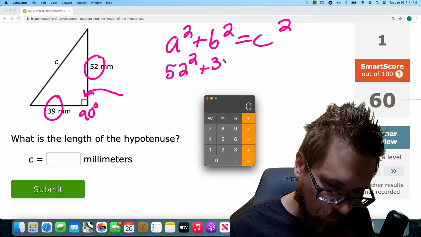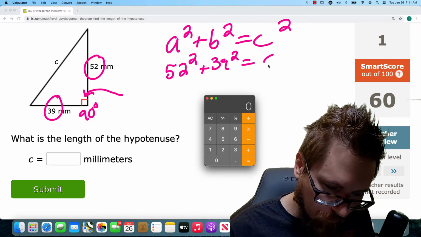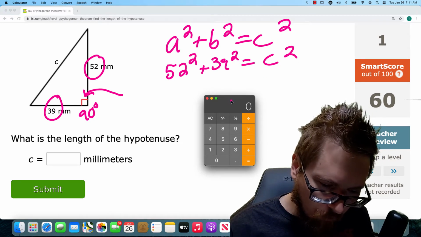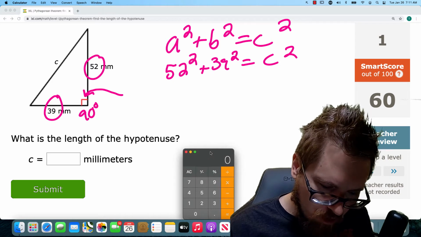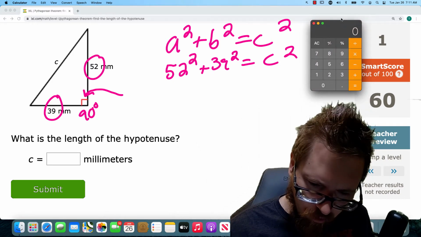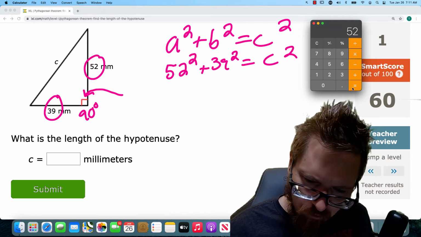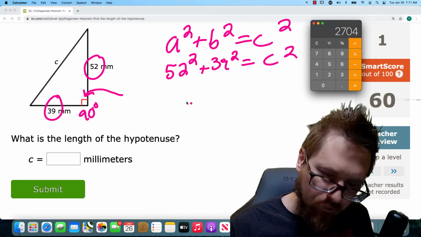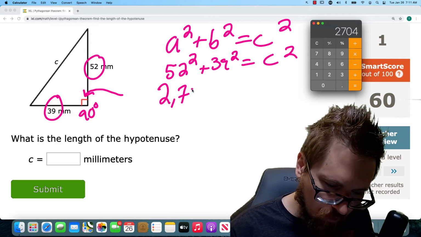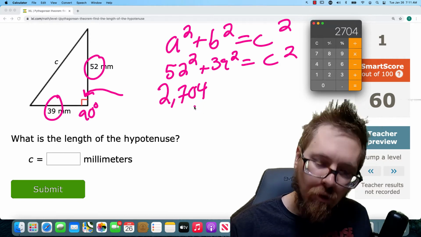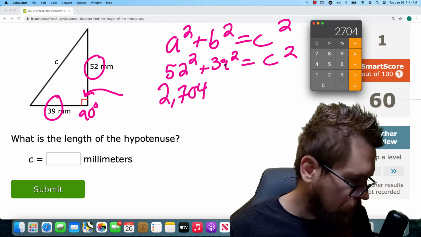So I'm going to go ahead and write down my 39 squared equals c squared. And then really what I want to do here is just use the calculator. So here we go. 52 times 52 equals 2,704. Cool. Do that again for the 39 squared.